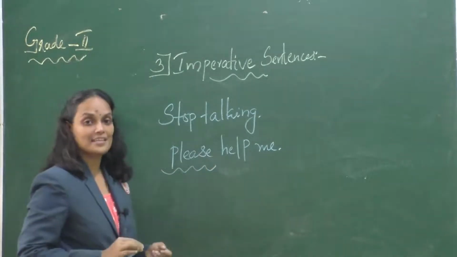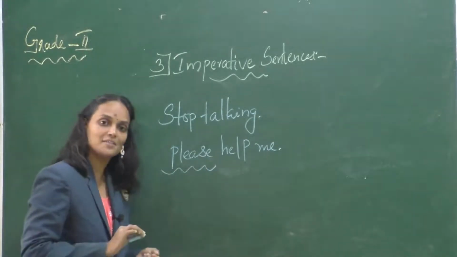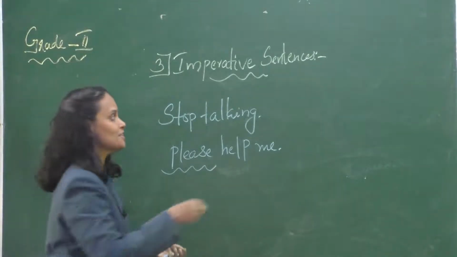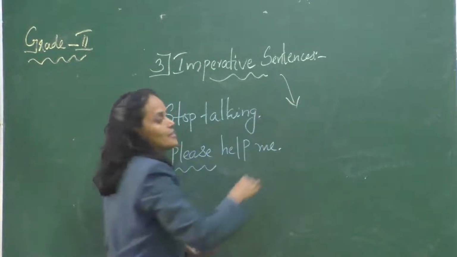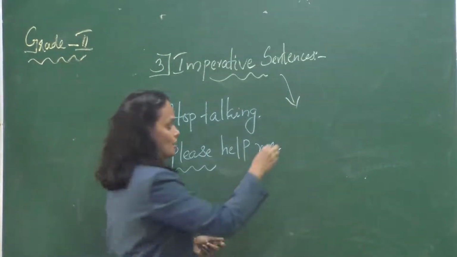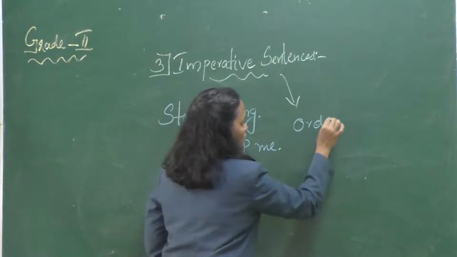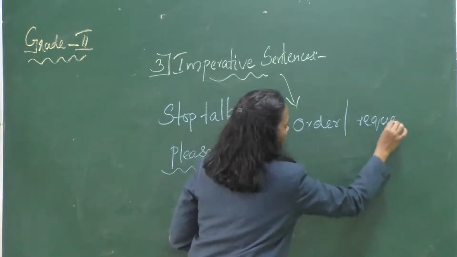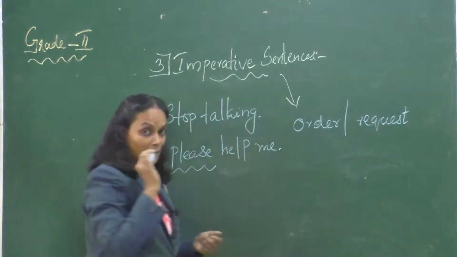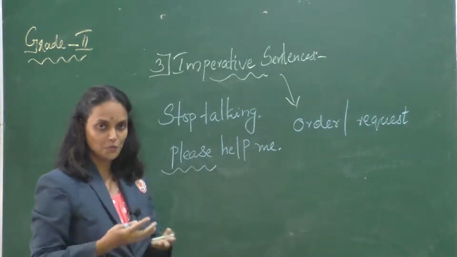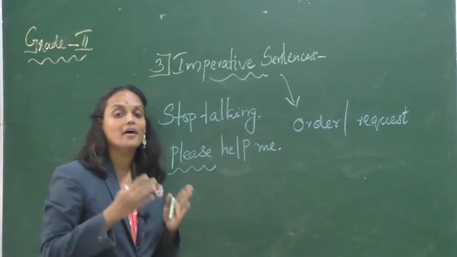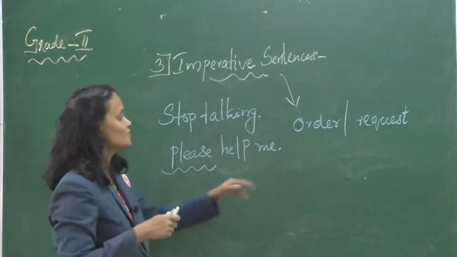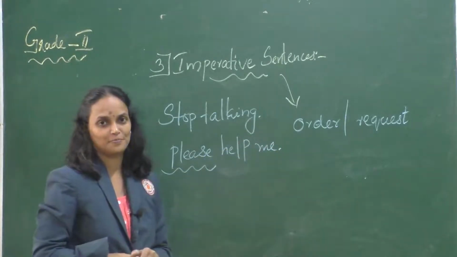So what's an imperative sentence? An imperative sentence shows an order or a request. Normally, an imperative sentence ends with a full stop.